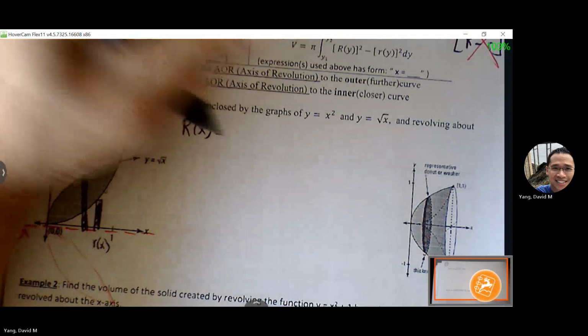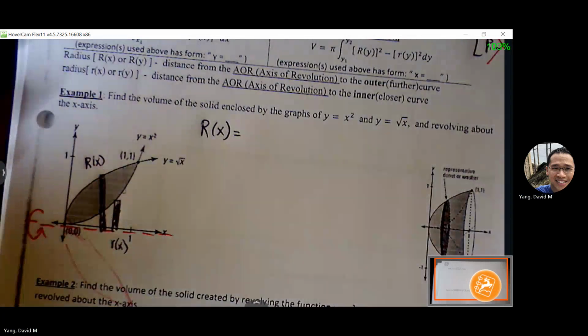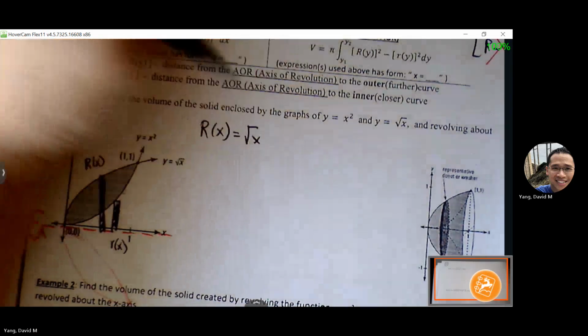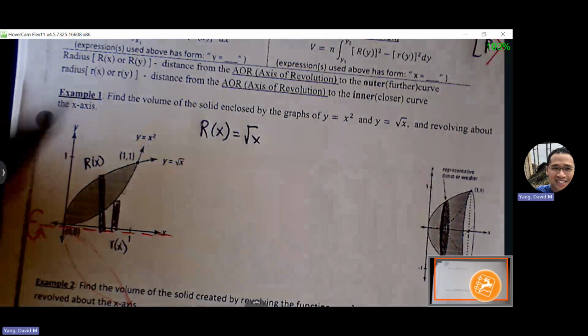Okay, so we'll spend time finding our big R and little r. Big R is just the top minus bottom of our big radius. So the top of big radius is sitting on which curve? The top here. This graph is what? Square root of x, right?